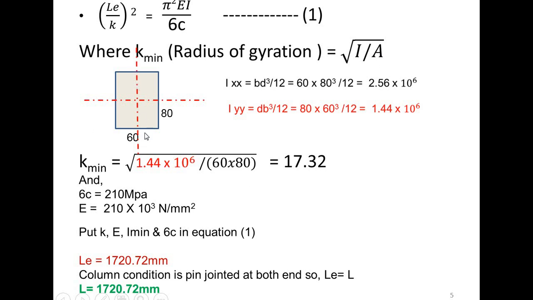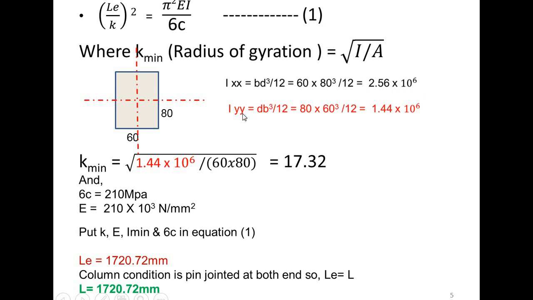So this is the rectangle. It will have two moments of inertia, that is Ixx and Iyy. To find Ixx, this is the standard figure. So the formula is BD cube by 12. B means breadth, D means depth. So Ixx value is 2.56 into 10 raised to 6 mm raised to 4.